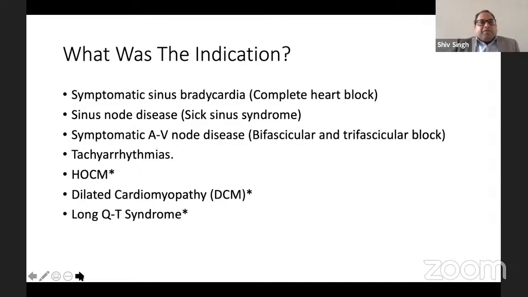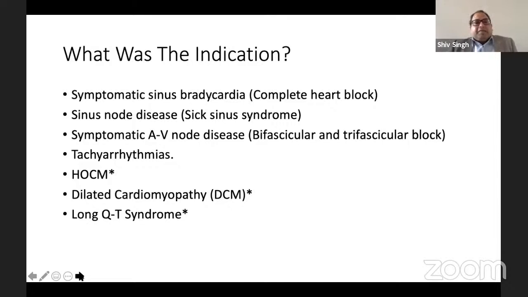There are a number of indications, and it could just be symptomatic sinus bradycardia. The patient may have complete heart block. It could be because the patient has sinus node disease or sick sinus syndrome. It could be symptomatic AV node disease like bifascicular and trifascicular block. It could be tachyarrhythmias.